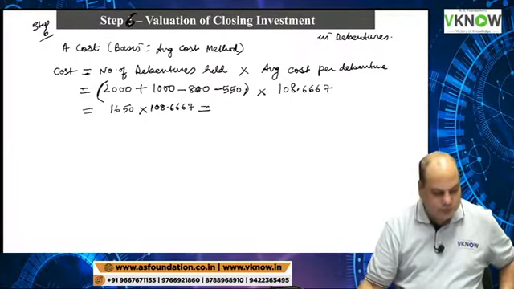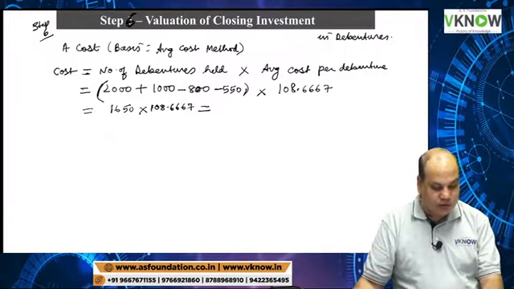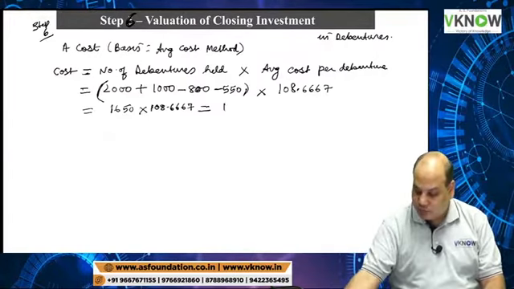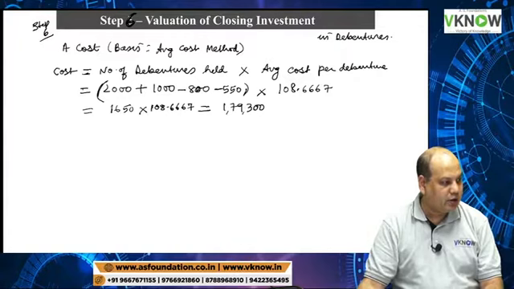This is your cost. 1650 into 108.6667. So that multiply, you'll get 1,79,300.